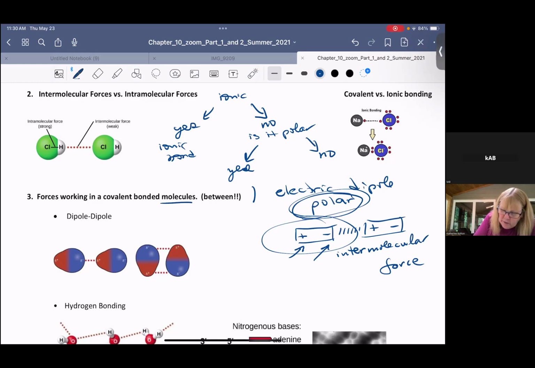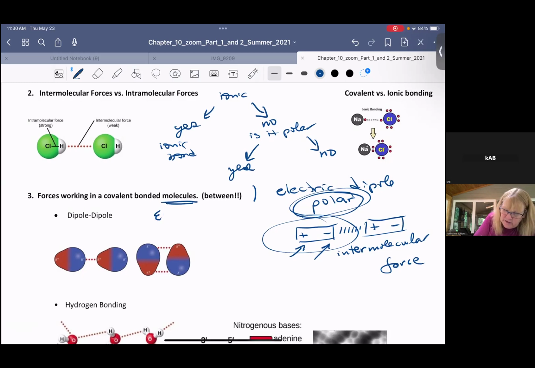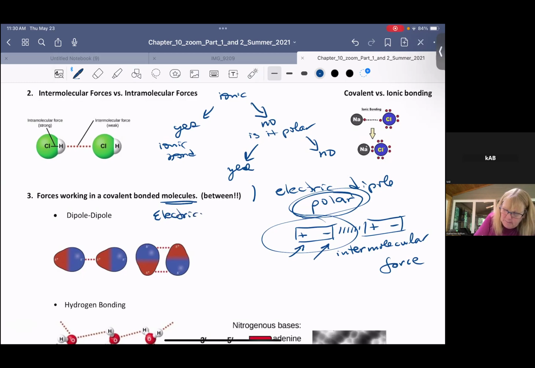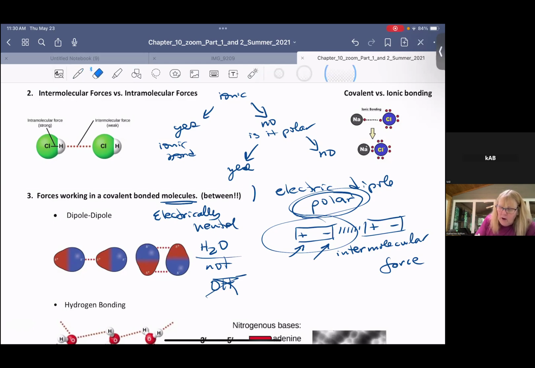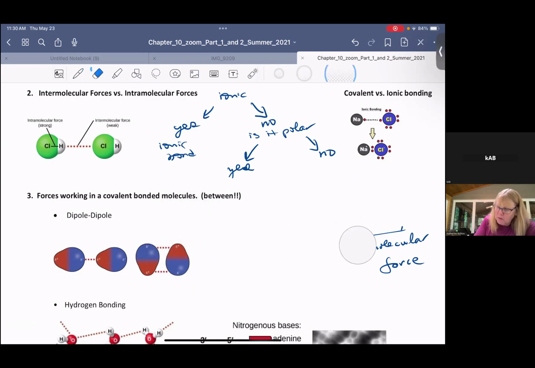When we see the word molecule here, we know that we are looking at something electrically neutral, which means it has no net charge on it. So we would be looking at H2O, and not, for example, OH minus. OH minus is ionic. Water is a molecule.